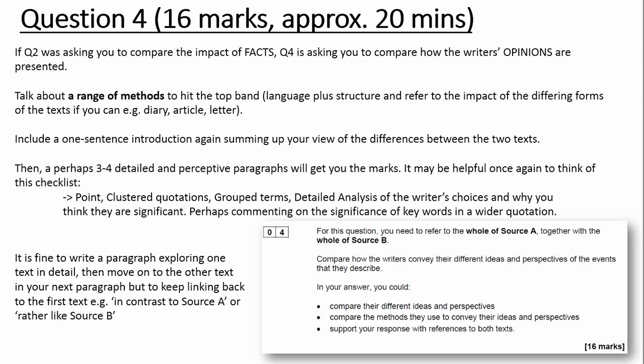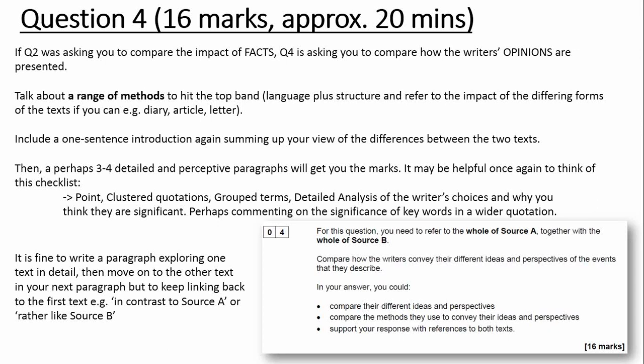Now, if question 2 was asking you to compare the impact of the factual differences, question 4 on this paper is asking you to compare how the writers' opinions are presented differently. And again, as I've said before, we'll see more about what that looks like in a moment. But this is really what it's talking about when it talks about ideas and perspectives. You're looking at their different views of their different places. And because the two places are different, you will obviously have to be a little bit creative in terms of what that looks like.